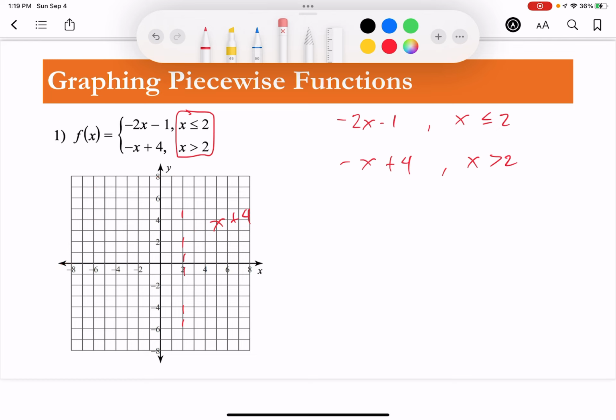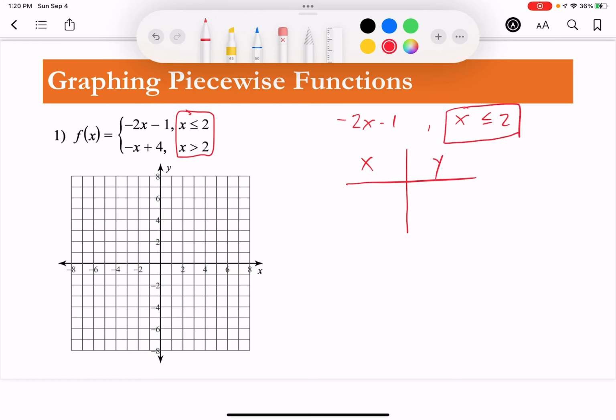Okay, let's start with negative 2x minus 1. Okay. You can make a table of values para mas mabilis kung gusto nyo. Okay. X, y. So, sabi dito, x is less than or equal to 2. Lagi tayong mag-uumpisa sa ating boundary.